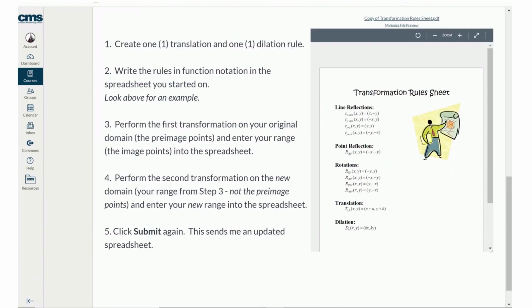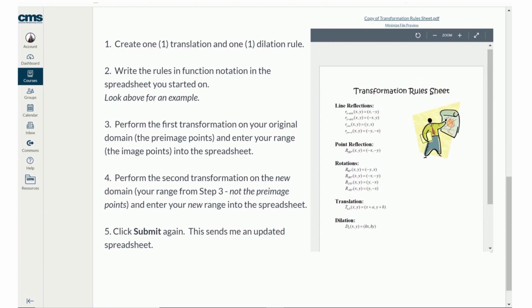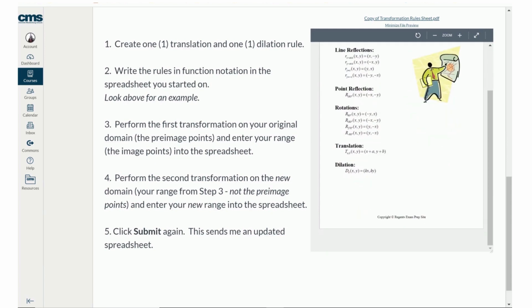So it says create 1 translation and 1 dilation rule. Well, that means I need to look at my transformation rule sheet, which is given to me right here. And I am looking at the function notation of that. So write the rules in function notation in the spreadsheet you started on. That's what we're going to do after we decide what we're going to do.